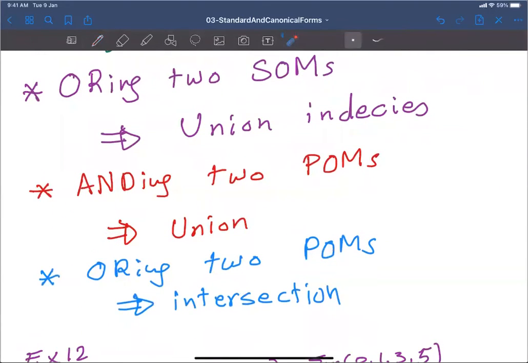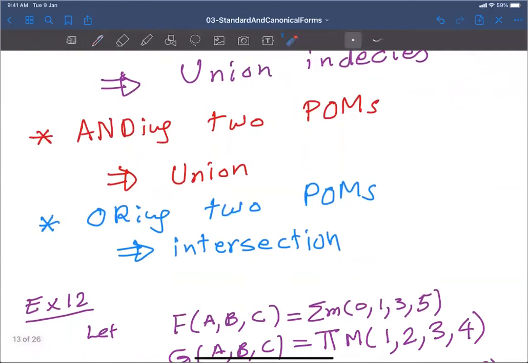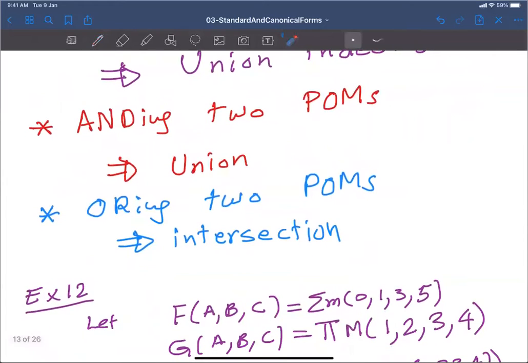Okay, now let's take an example. We have F and G. Okay, F is given in sum of min terms and G is given in product of max terms. Okay, we would like to find F ANDed with G in sum of min terms form.